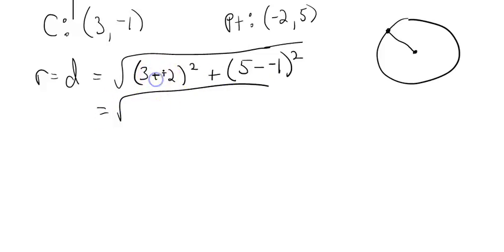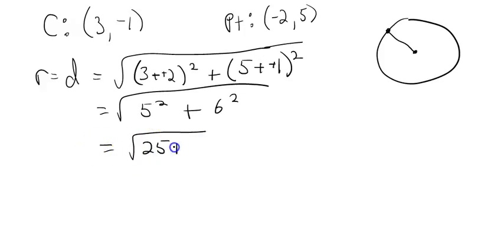I get plus a positive, so that would be 5 squared, and here plus a positive 6 squared. So 5 squared is 25, 6 squared is 36. And that means that my radius is the square root of 61, which, if I need a decimal so I can actually draw it, I can just type that in my calculator and figure that part out.